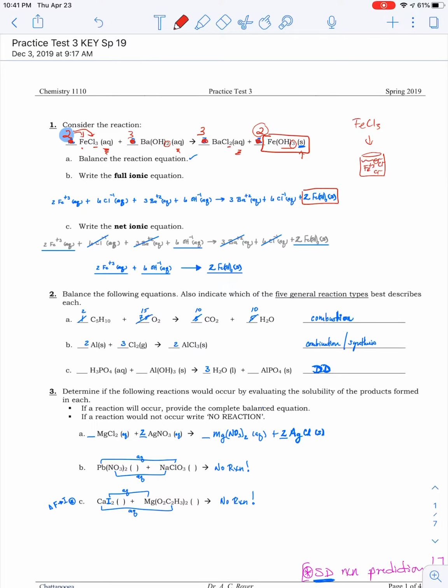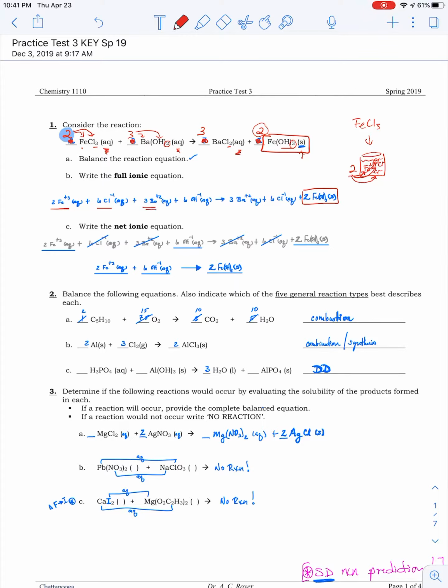So the way you would express a total of 2 sets of those is with 2 of these iron plus 3s and then with 6 Cls, because it's 2 irons and then it's 2 times 1, 2, 3, so that gives you 6 Cls. Same thing over here, so I have 3 BAs, and then because of the 2 I have a total of 6 OHs.